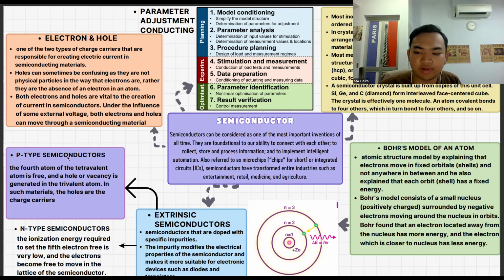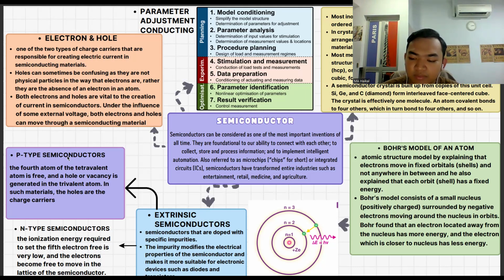So we go with the Bohr model of the atom. In semiconductors, the atomic structure model explains that electrons move in fixed orbital shells and not anywhere in between. He also explained that each orbit or shell has a fixed energy. Bohr's model consists of a small, positively charged nucleus surrounded by negative electrons moving around the nucleus in orbits.